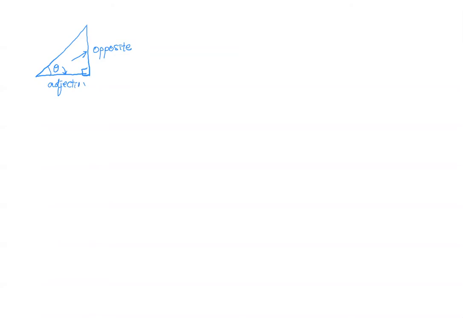And the one in front of the right angle, we call hypotenuse. So how do they define sin of an angle? It's a ratio: opposite over hypotenuse.